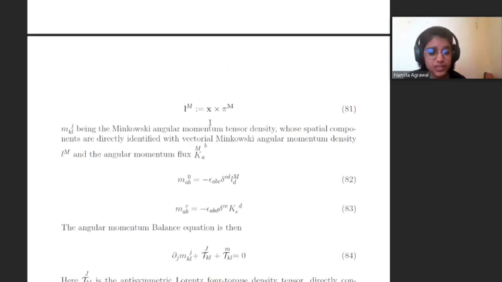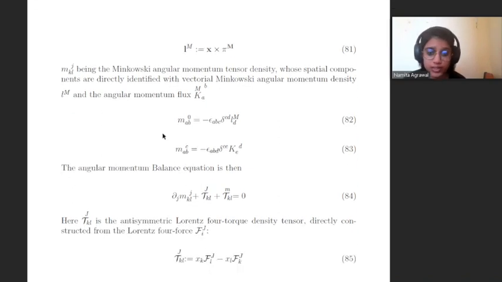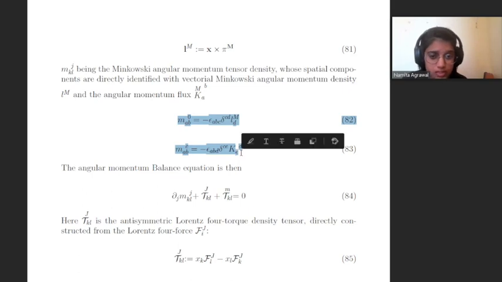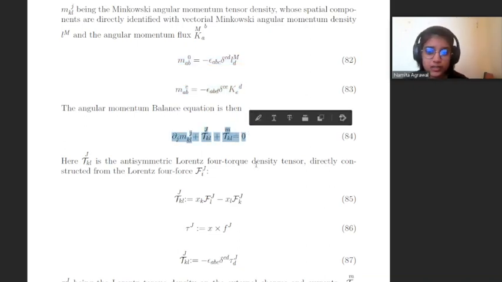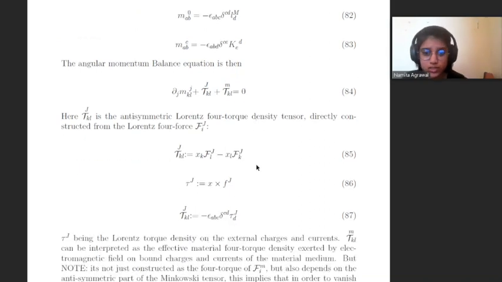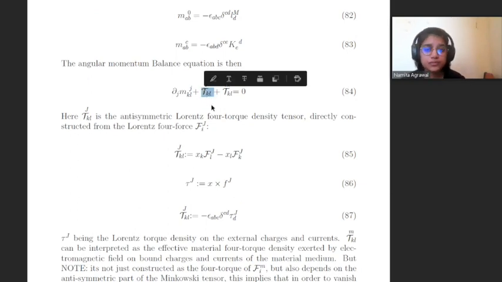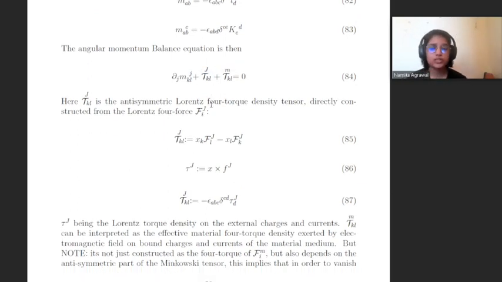Now again I'll get an angular momentum balance equation given by equation 84, where the system has the Lorentz force torque density contribution, and this is the effective material force torque contribution. But the important thing to note is that the material contribution is not just the antisymmetric part of this, XJ FL minus XL FK.